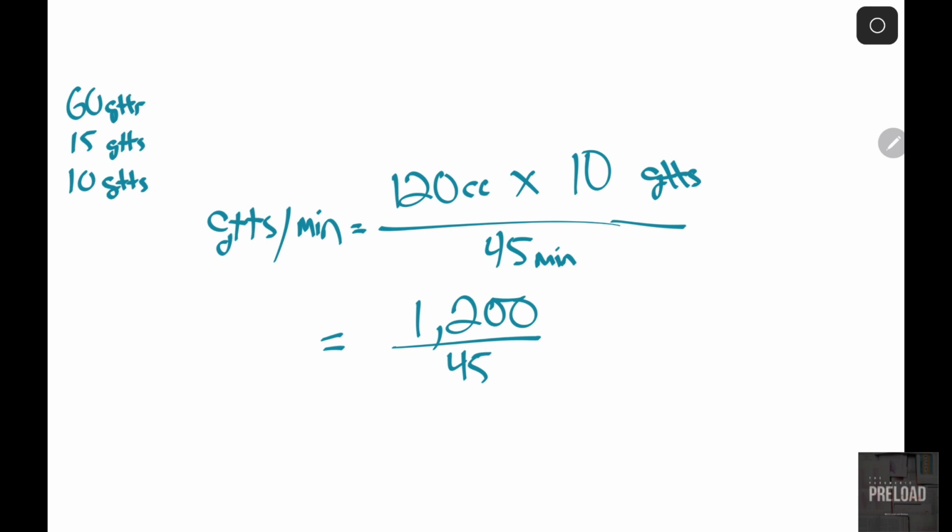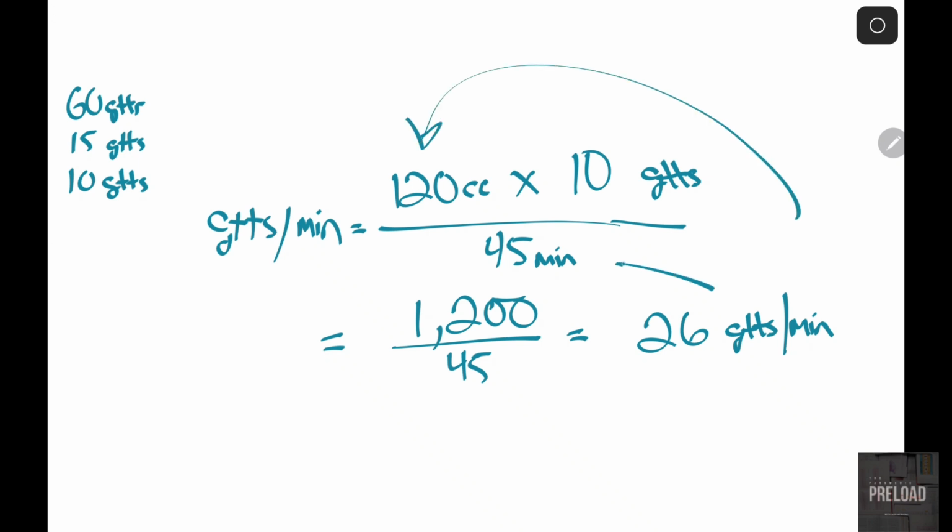And so we need to then do that math. So 1,200 divided by 45. And what that tells us is if we give 26 drops a minute, we are able to give the desired amount of 120 cc's over 45 minutes.